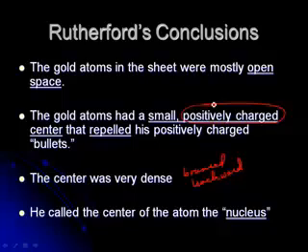If you think about it, what was really happening is you've got this positively charged particle coming close to the nucleus, positive and positive, they're going to repel each other, and so that repulsion deflected the particle and changed its path to the left or to the right. And so that's where he came up with the conclusion that this nucleus, this dense center, that occasionally one of them would hit straight on and then bounce back, had positively charged particles in it.